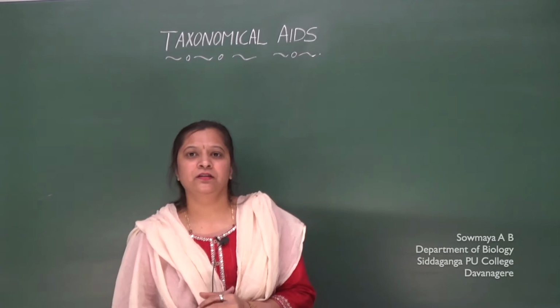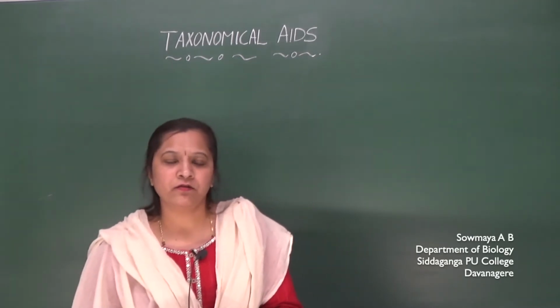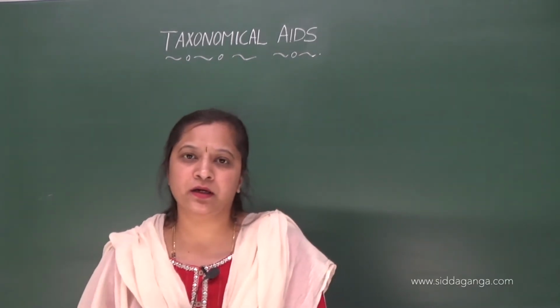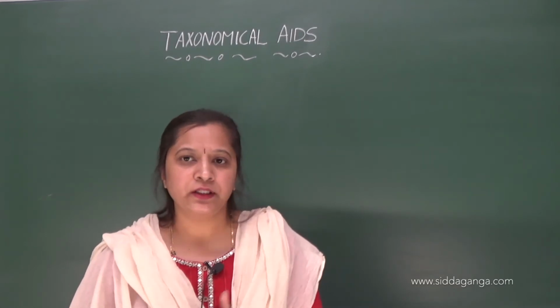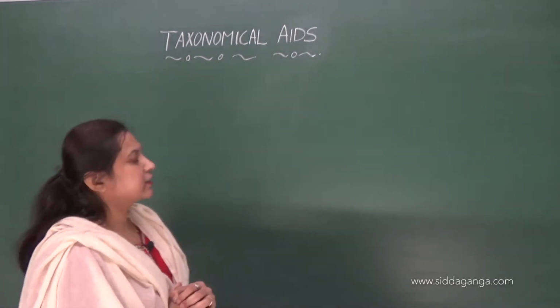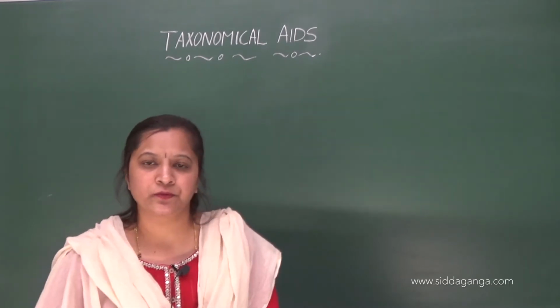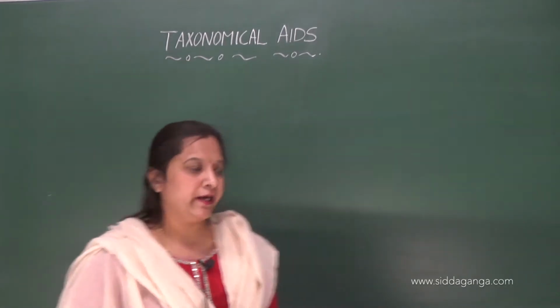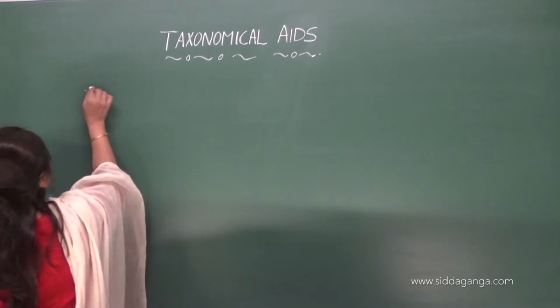Hi everyone. So in the last session we discussed taxonomic categories. In this session we are going to discuss taxonomical aids. So what exactly are taxonomical aids? Let us know in detail.